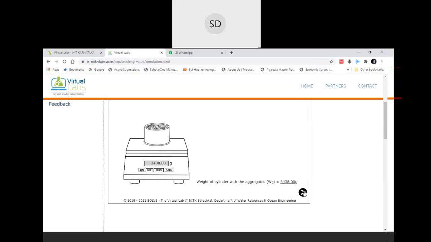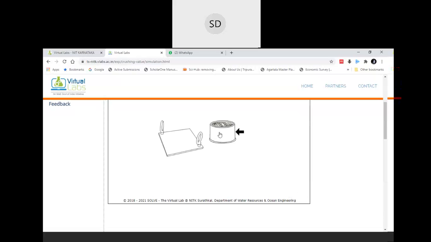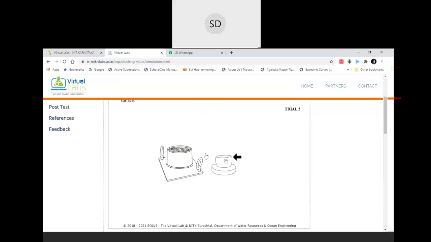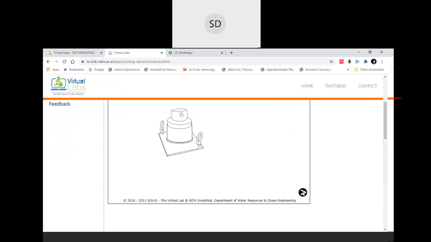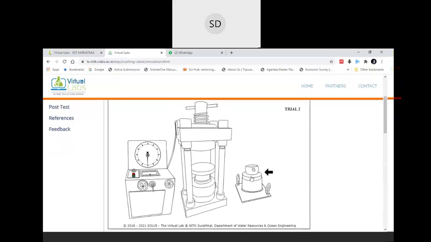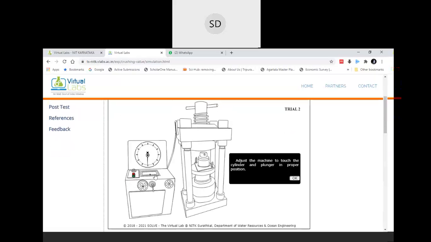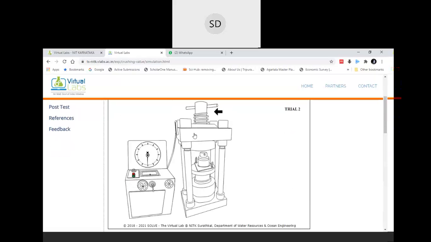Take the weight, place it over there, place this. That is the 40 tons.